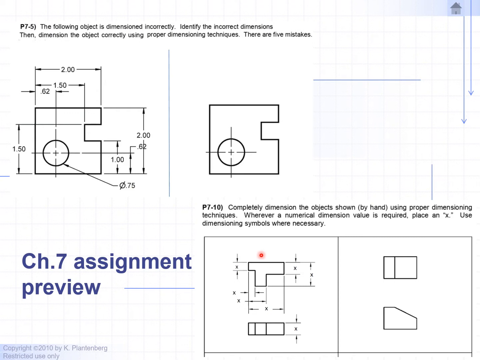If it's a radius, if it's round, then you want to use R for radius and X. So radius X, or radius 1 inch, or radius 5 millimeters, and so on. Okay, so I will provide you with the answer key so you can check your work before you submit it. All right, let's go on to the next slide.